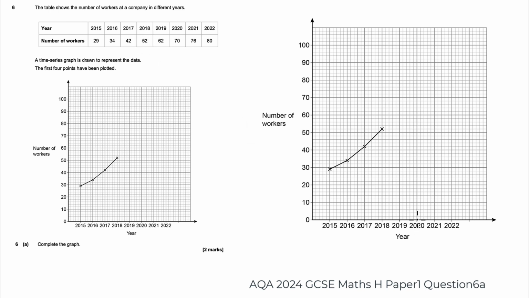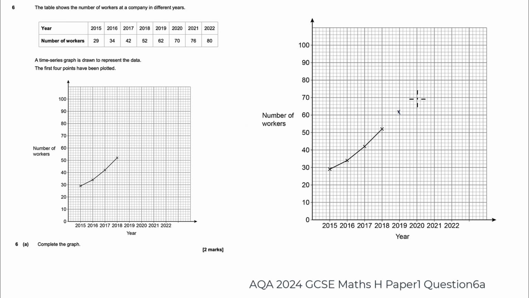So let's go ahead and try and complete this graph. We'll put in the crosses first and then join them up afterwards with straight lines. So 2019, 62. There's the 60 line, 1 square above that. There we are. And then 2020, 70.